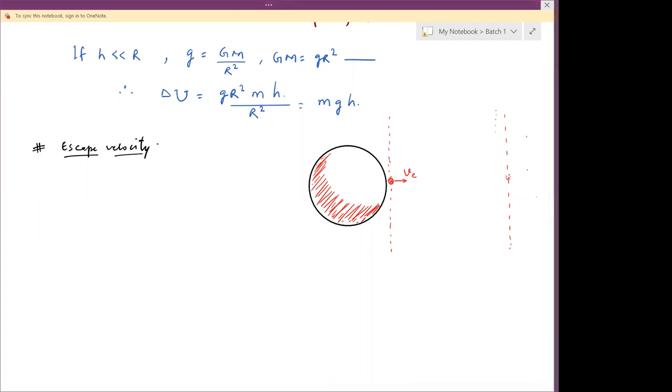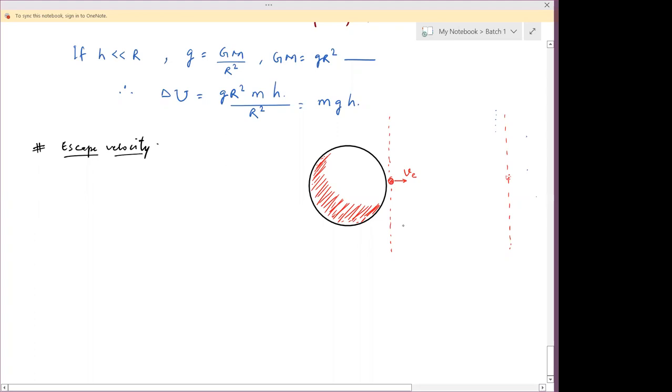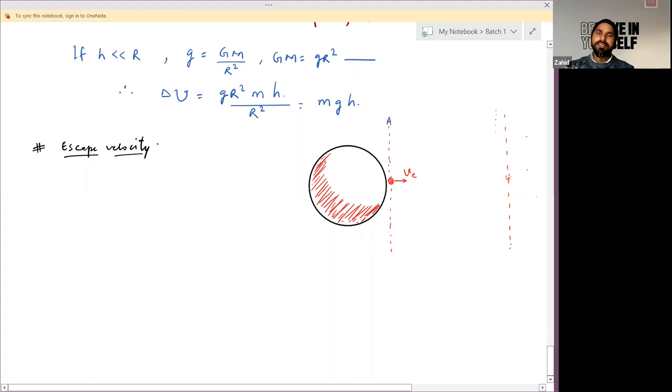Yes, sir. So initially, let's say it is at this point A. On escaping out from the influence of Earth, it will reach this point B. If there is no influence between these two bodies, then at this point the energy of interaction will be zero. So if you have to escape a particular body from the influence, take its final energy to be zero.